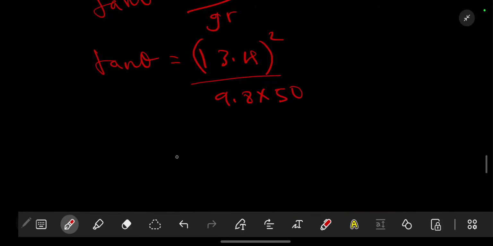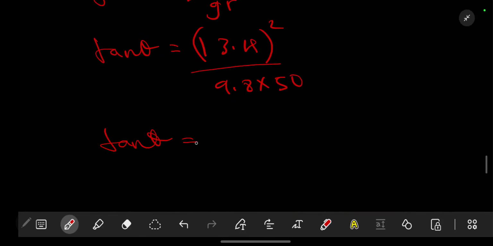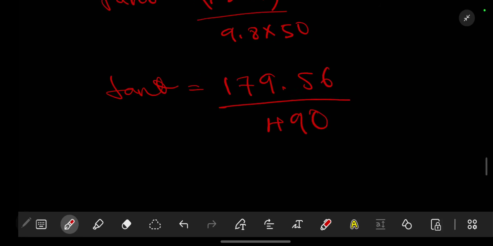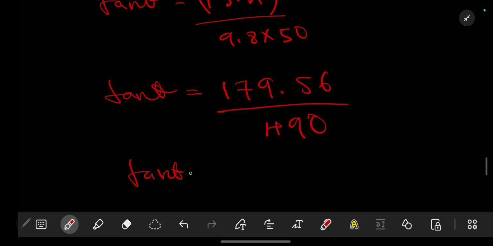So tan of theta should be equal to 13.4 squared. This gives us a value of 179.56 over 9.8 times 50, which gives us 490. So let the tan go this side.